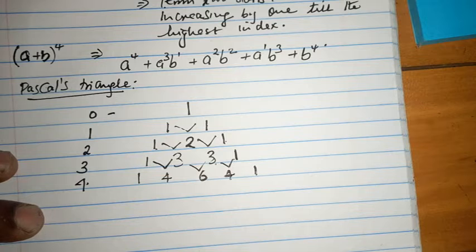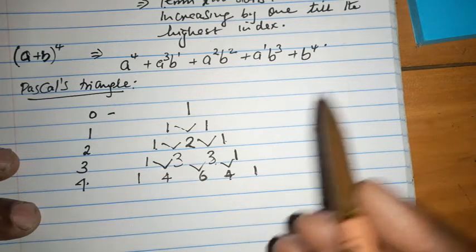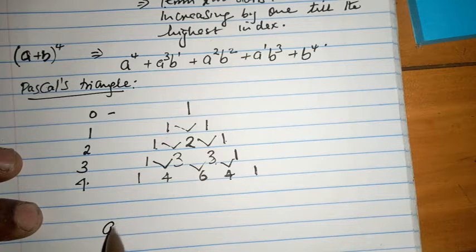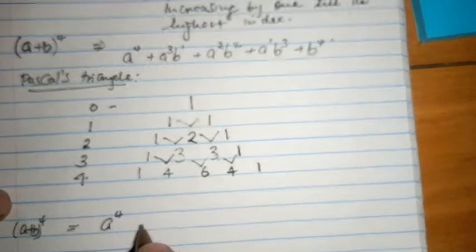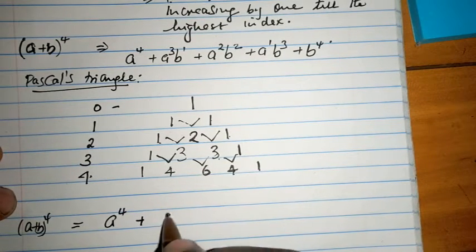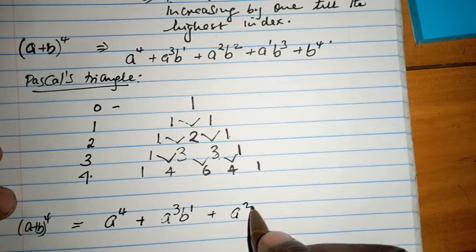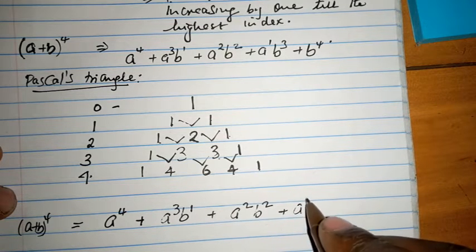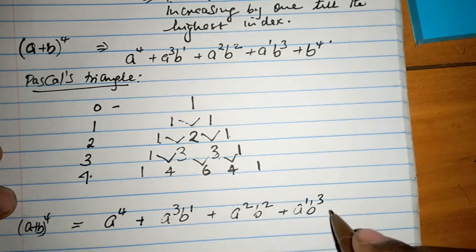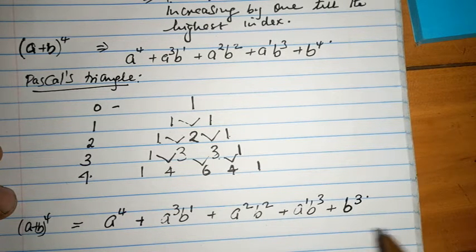So therefore, the expression that we have come up with is going to be: (a plus b) to power 4 is going to be a^4 plus a^3 b^1 plus a^2 b^2 plus a^1 b^3 plus b^4.